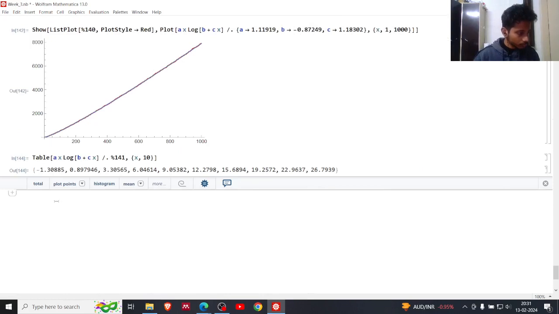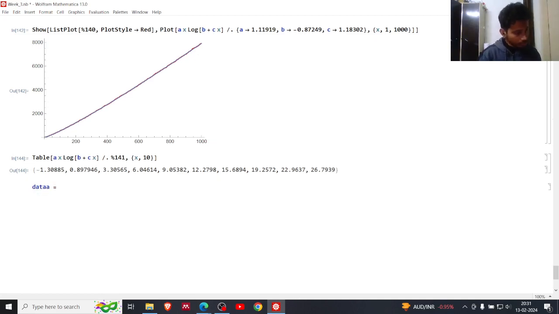Okay, now again define a variable data equal to Table, Total, Table, RandomReal, comma, n, to n in 100, 1000, 100.